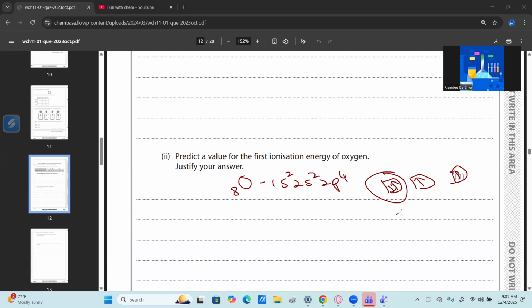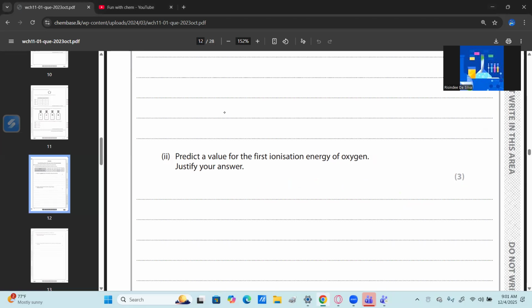Therefore, it's easy for us to remove the electron. So after writing the ionisation energy, you have to mention in the 2p subshell, it has a paired orbital. Due to the greater repulsions, easy to remove the electron or less energy is needed to remove the electron.